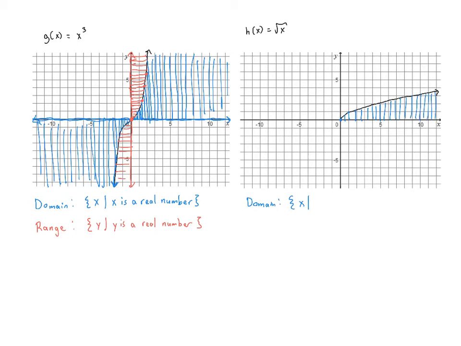And we do get 0 because this graph does include the origin, but we don't end up with any negative values. So the domain only includes positive numbers or 0, and doesn't include negative numbers. We can write this algebraically by saying that x has to be greater than or equal to 0.